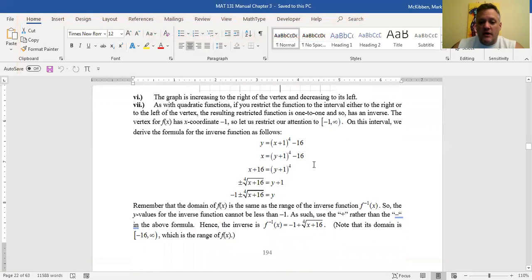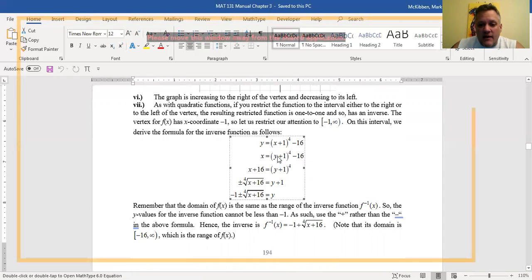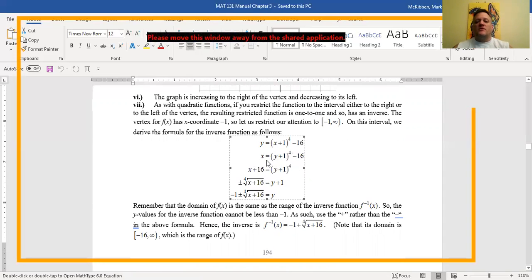All right, and so what I did here instead is, okay, so the other approach here, sorry, I'm mixing them up between sections. What we had done before is we solved this for x. And here what I did was I switched the x and the y.